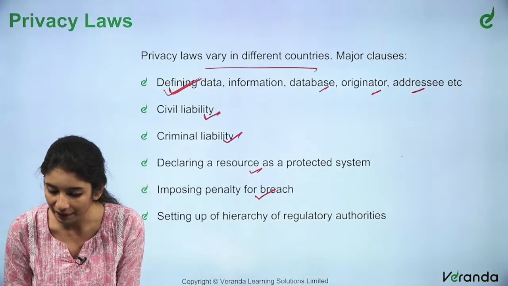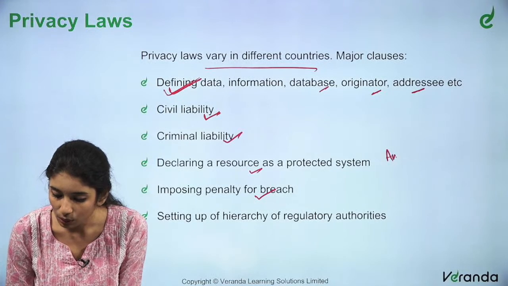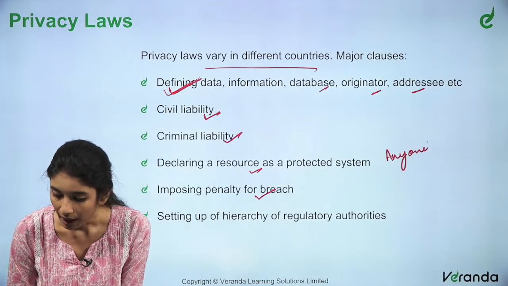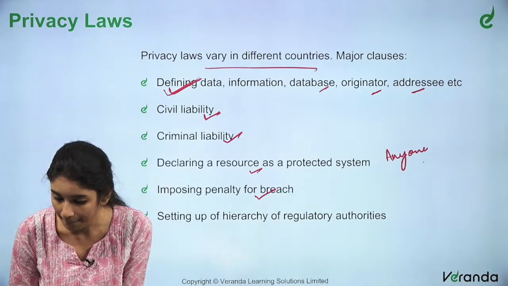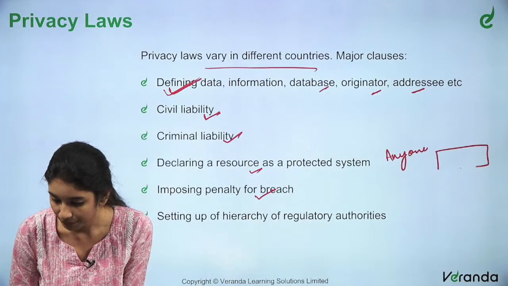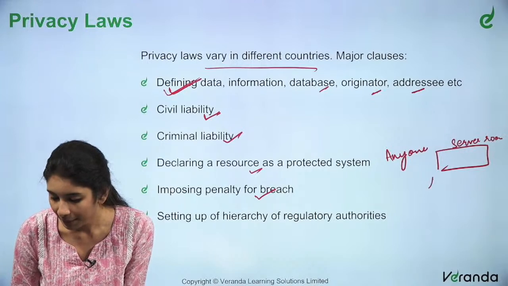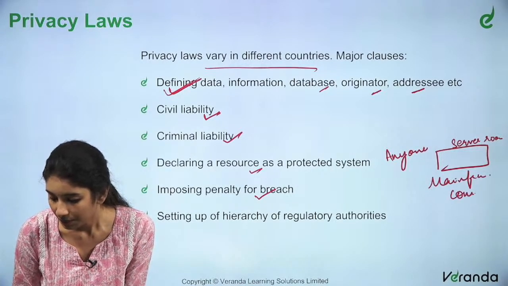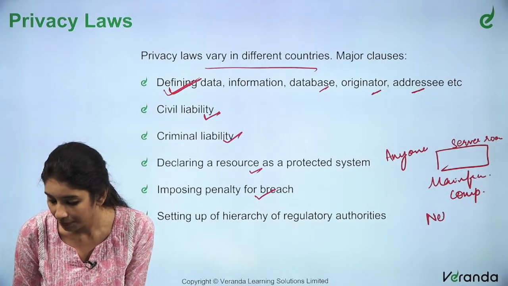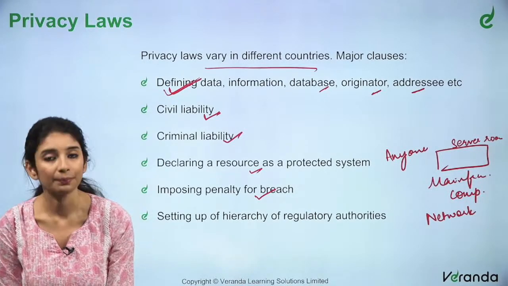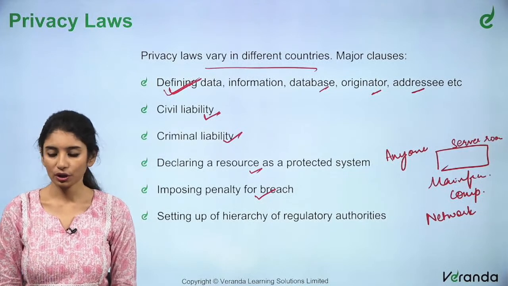Declaring a resource as a protected system. So, I will declare in my privacy laws that anyone who harms or attempts to harm my server room, my mainframe computer, my network will be liable for civil or criminal liability.